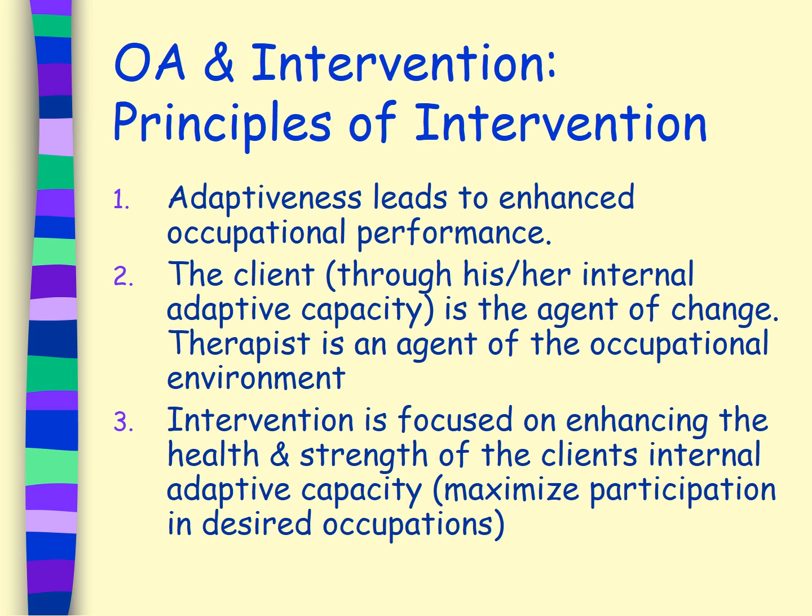The client, through their internal adaptive capacity, that internal process, the person themselves, is the agent of change. The therapist is merely an agent of modifying or identifying or looking at that occupational environment and whether or not that environment needs to be changed.